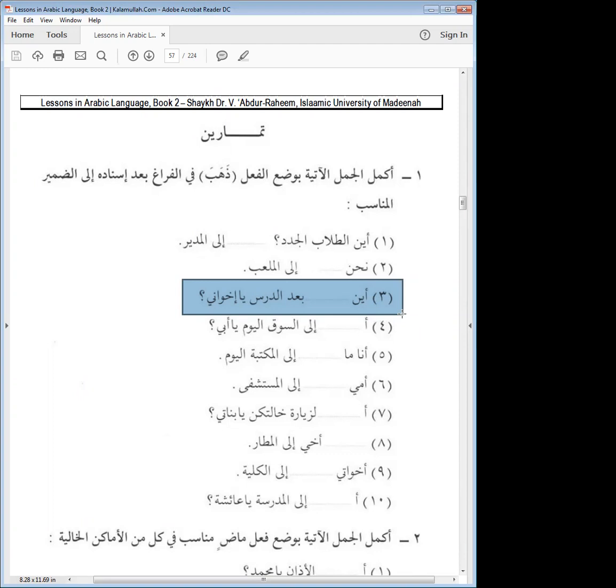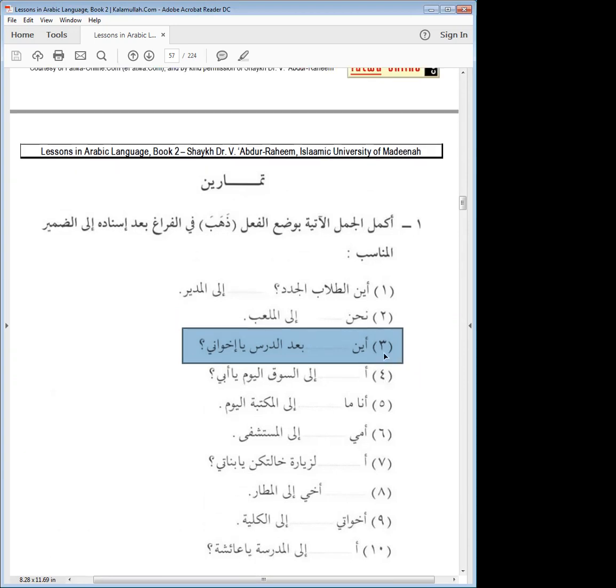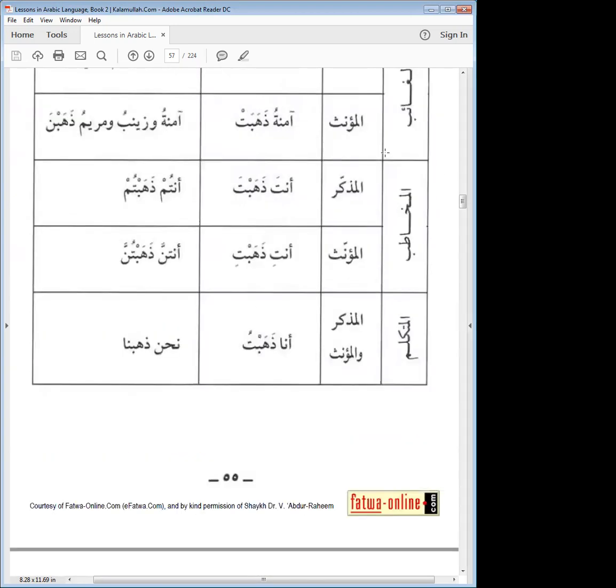Okay, so you're addressing the group, so it wouldn't be dhahabu, it would be dhahabtum, because you're addressing a group. So once you say ya, we know you're talking to a group. So it would be the second person. Second person plural, masculine.